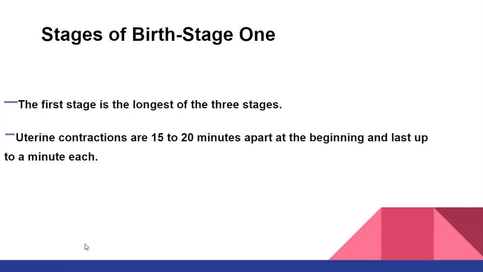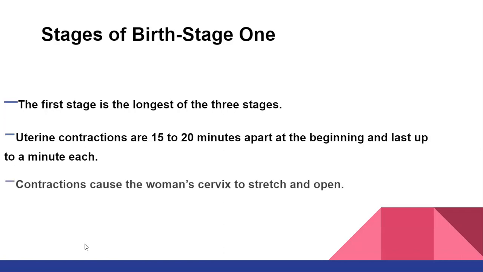If you always see movies of a woman going into labor and starting contractions, they usually have a timer, like, all right, we have to see how far apart these contractions are. And of course, you might say, well, contractions, yes, we understand what contractions are, but why do women have contractions?